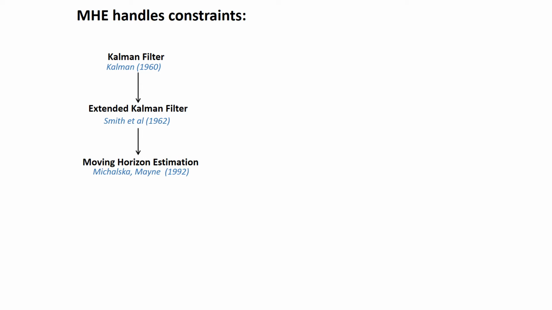30 years later, Michalska and Mayne proposed moving horizon estimation method for nonlinear and constrained systems. To show the efficiency of MHE in comparison with extended Kalman filter, I provided an example from Rawlings' paper. Consider a gas reaction with this stoichiometric coefficient and this reaction.